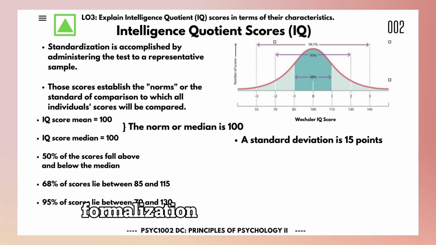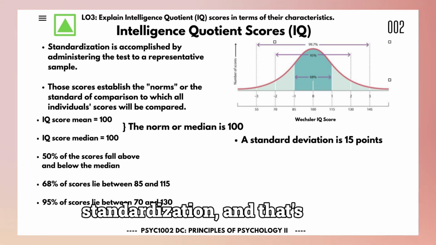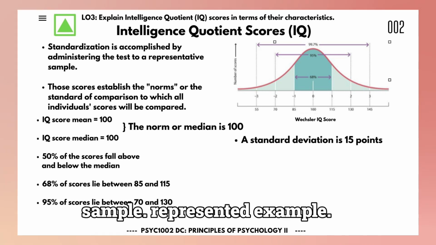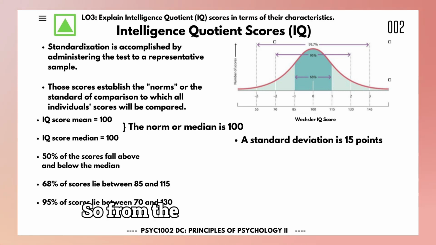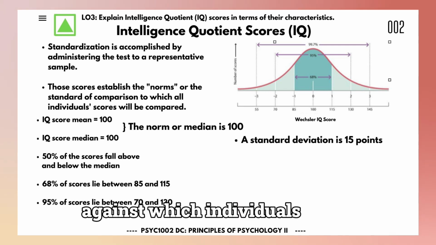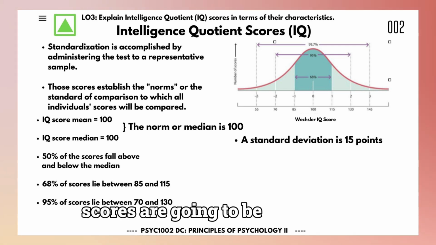The formalization of this score as a metric for intelligence is accomplished by administering the test to a representative sample. From the population, a representative sample is selected, and the scores of those individuals establish the norms. So these are normative scores against which individual scores are going to be compared.